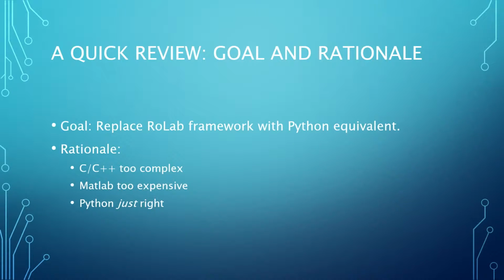We already covered the goal and rationale of the project in last week's presentation. However, to recap, the overall goal of the project is to replace ROAB, which is Professor Spretzer's framework for autonomous robotics, with a Python equivalent.